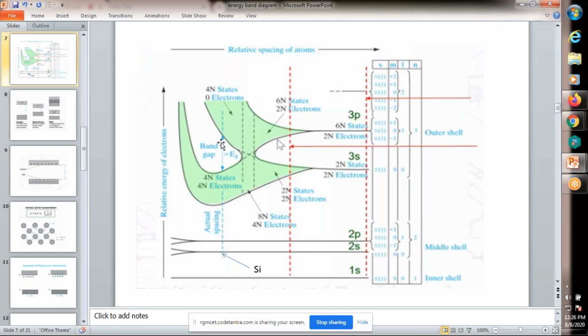There may be a different band gap structure if we combine two materials, like silicon with another material, then the band gap changes again. Different atoms and different elements give different band gap structures.